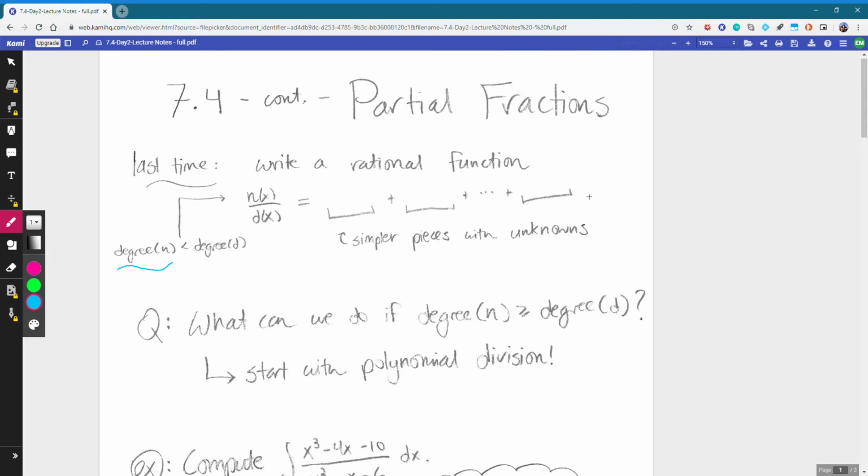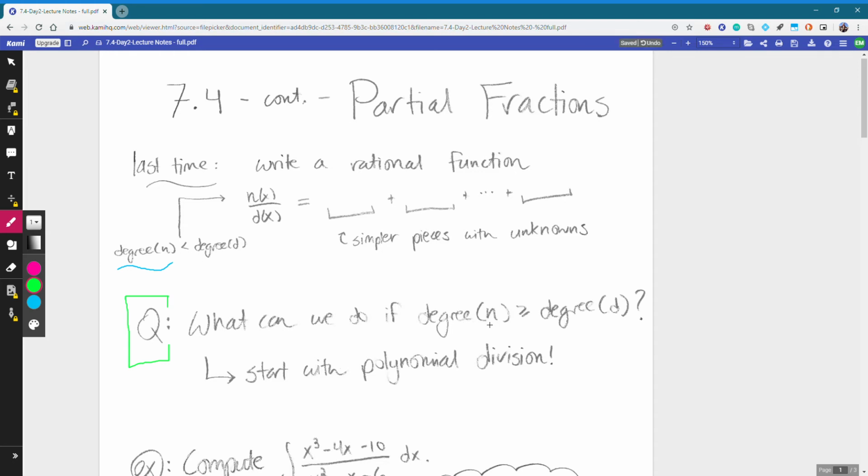What we're going to do today is look at a couple of examples that highlight a couple of different aspects about this strategy. And the first one deals with this question of, well, hey, what if we don't have this degree property holding, right?